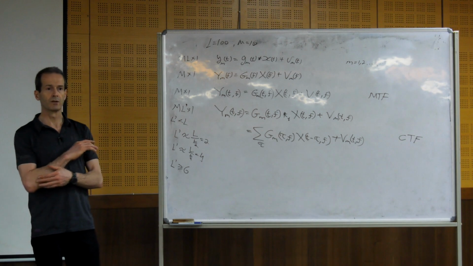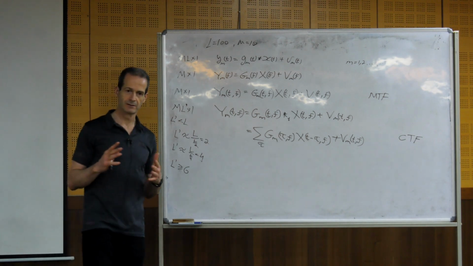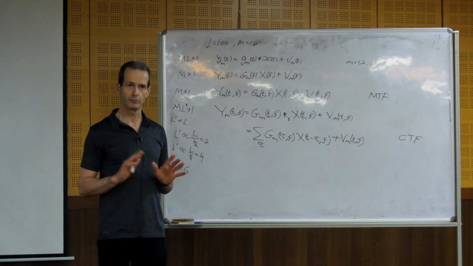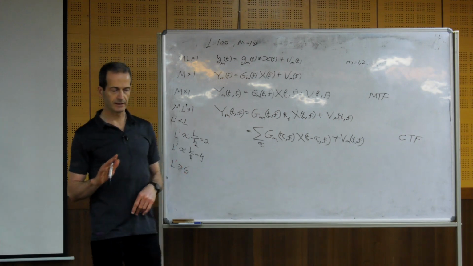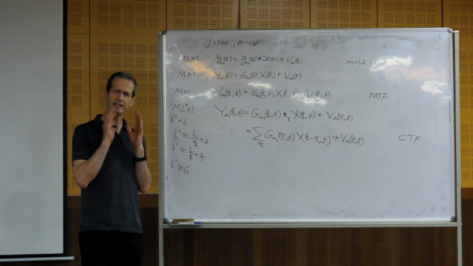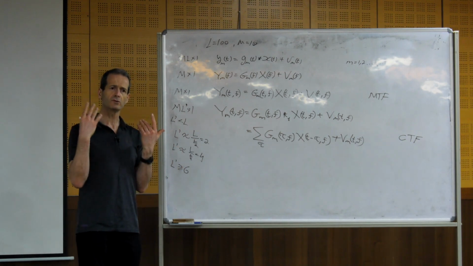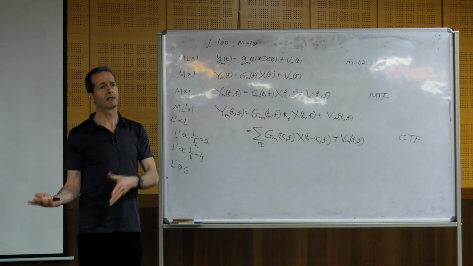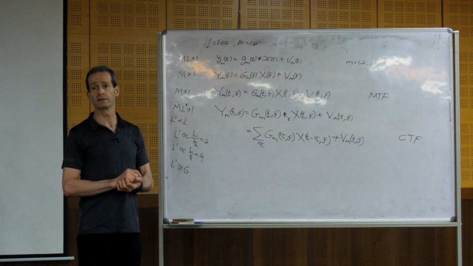Now, we talked about the differences between signal enhancement and beamforming. Okay, so what does it mean? I talk about the main difference when you try to do signal enhancement compared to beamforming.